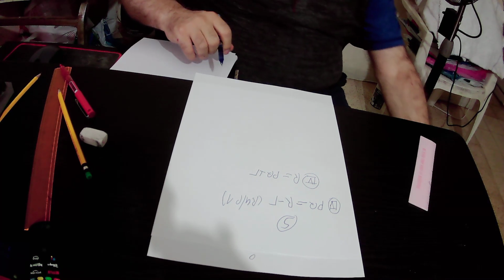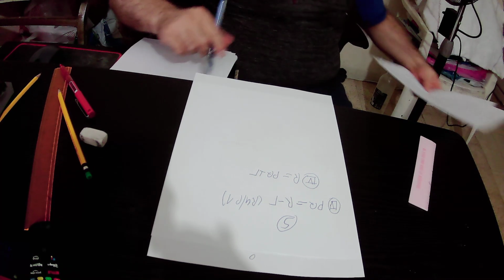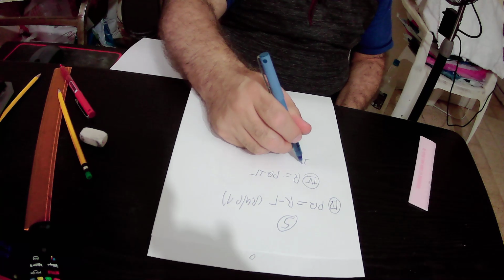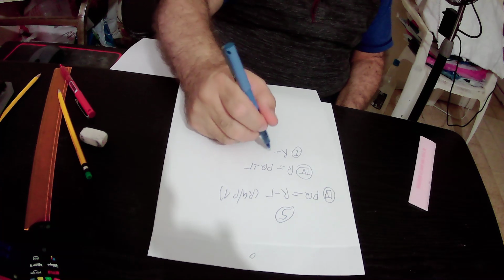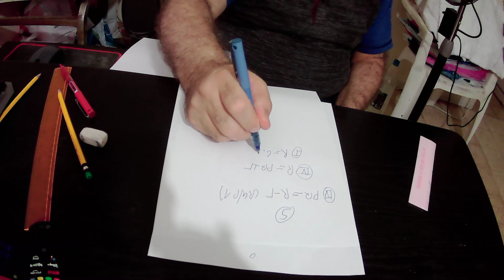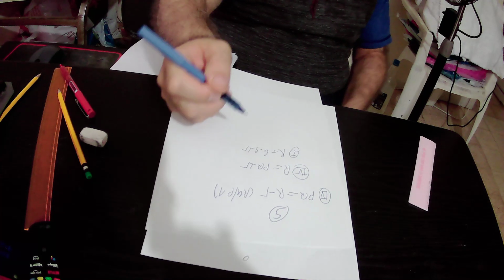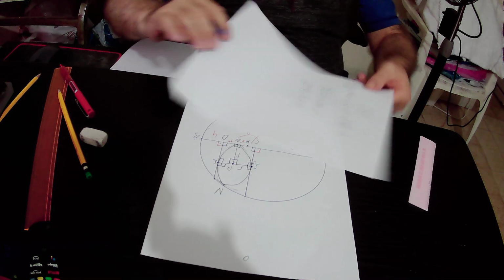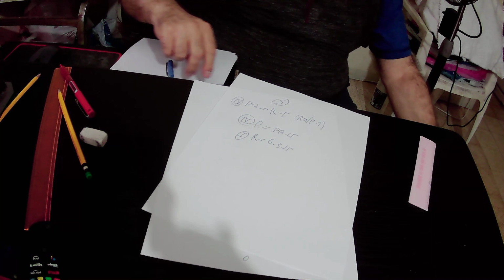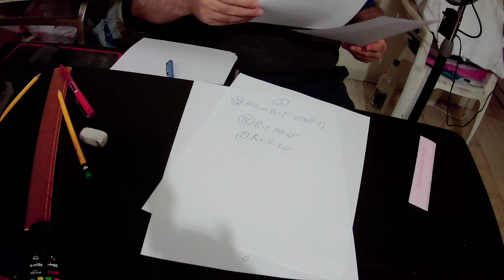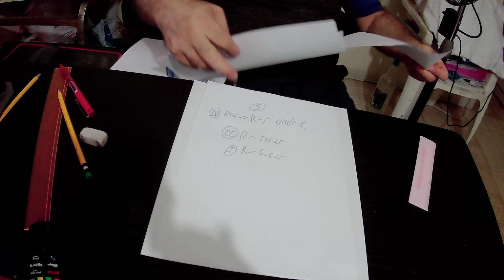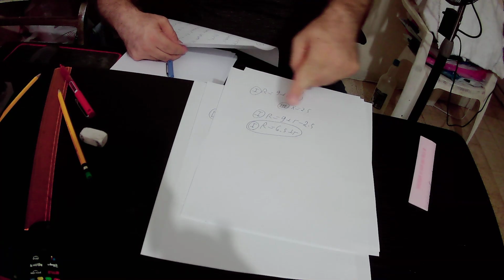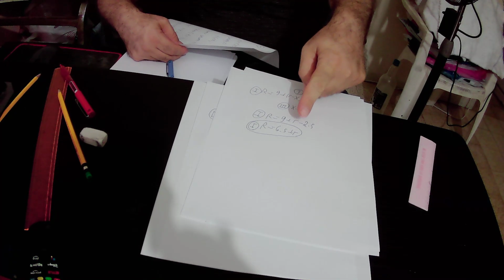But we have already found out, according to equation number 1, that capital R equals 6.5 plus small r.